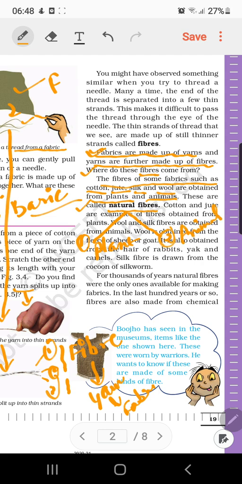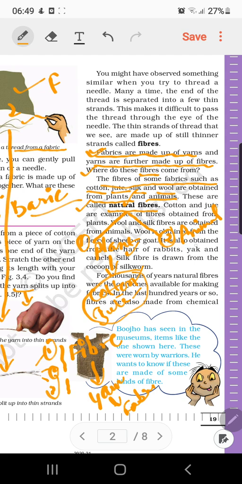Whenever a plant fiber like cotton or jute is mentioned here, what does it mean? These two types of fibers come from plants, that's why they are plant fibers, and since plants are natural substances, they are classified as natural fiber.